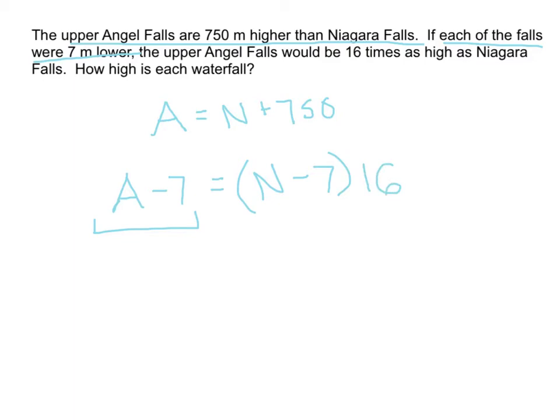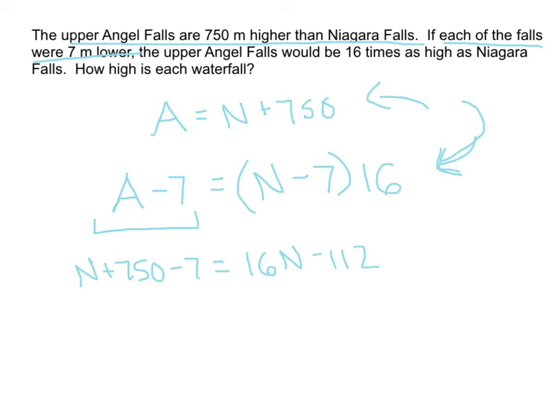So because I have here in this equation already a substitution set up, A equals n plus 750, I'm going to take that and substitute into this second equation. So if A is equal to n plus 750, then n plus 750 minus 7 is equal to, and I'm just going to distribute, 16n minus 112.